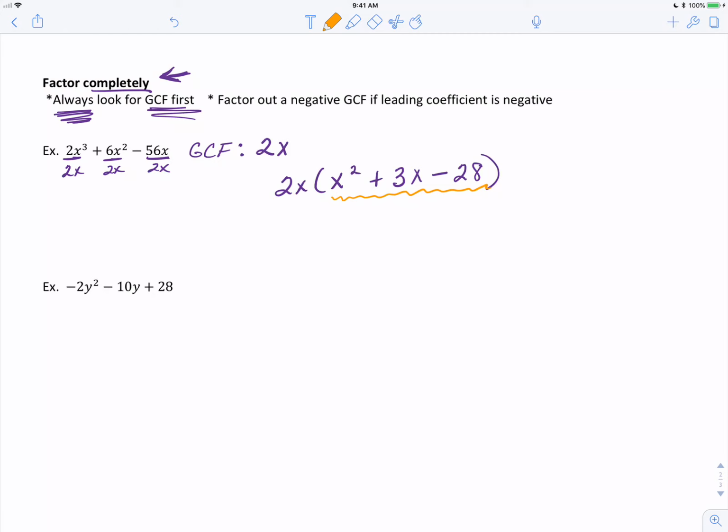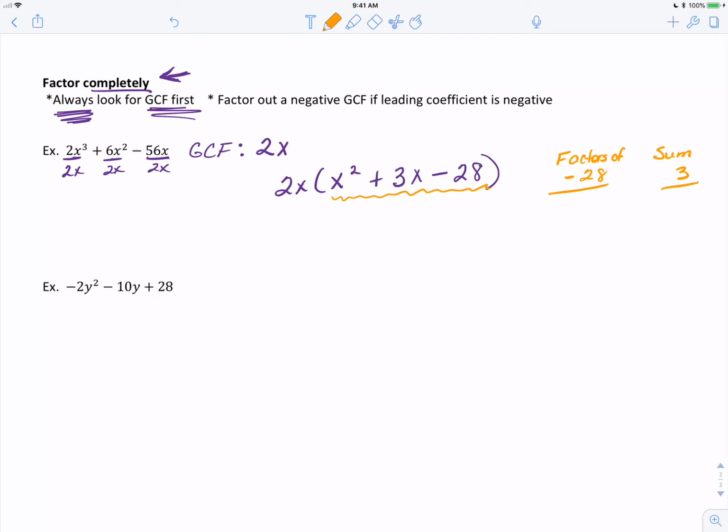So what times what is 28? So let me put over here, we're looking for factors of negative 28 whose sum is 3.